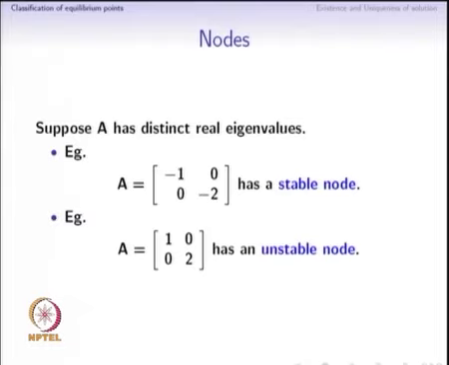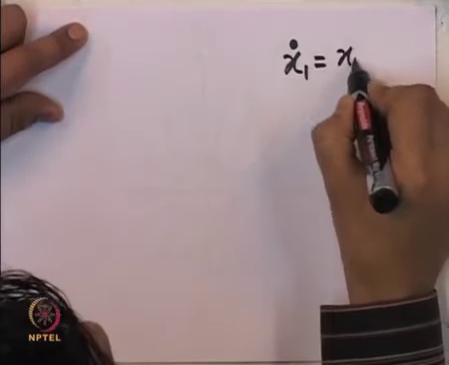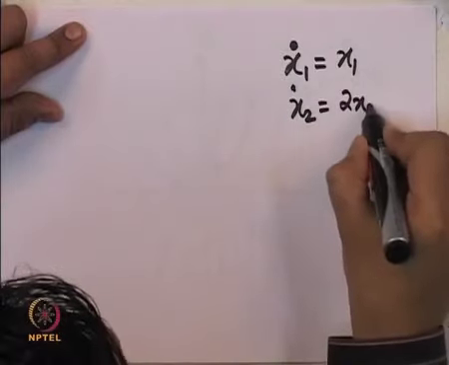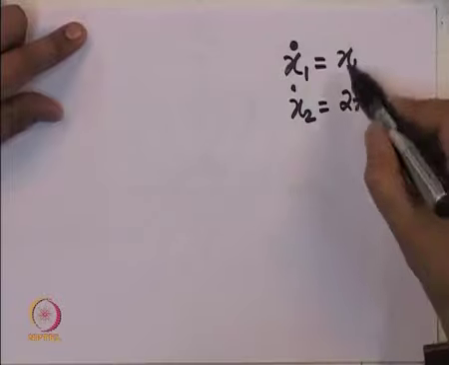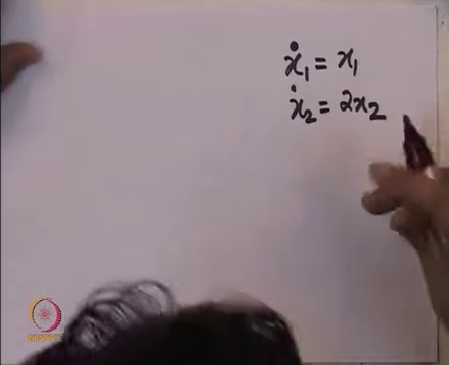Let us see this example just like we saw the previous case. Because the matrix A is diagonal, x1 dot is nothing but x1 and x2 dot is equal to 2x2. So, we have two decoupled set of equations. That was the advantage of assuming A is diagonal.